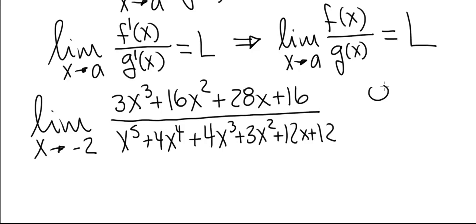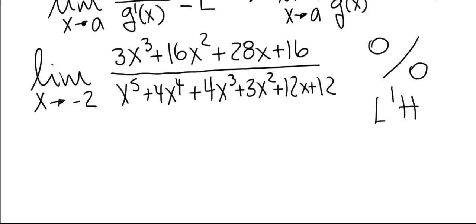As we just saw, this gives us indeterminate form 0 over 0, which means we can apply L'Hopital's rule and evaluate the limit of the ratio of the derivatives.